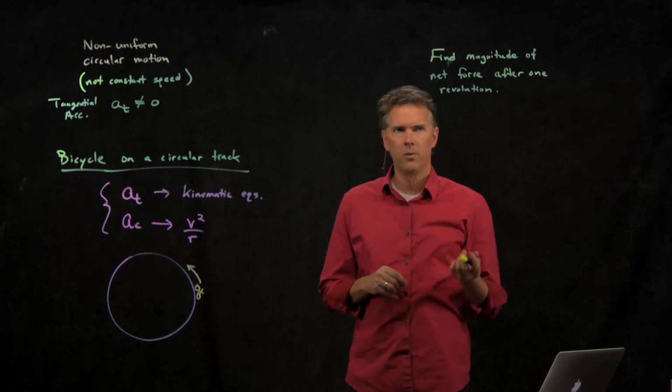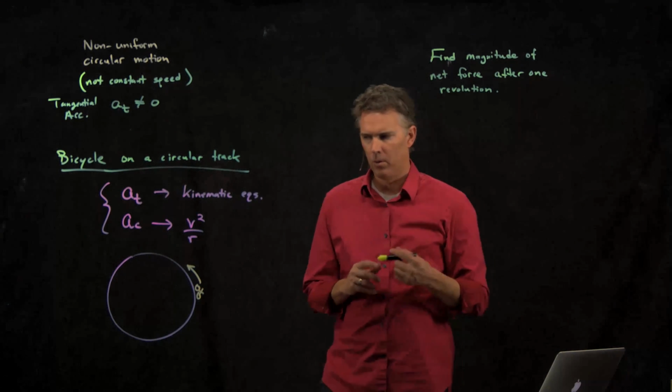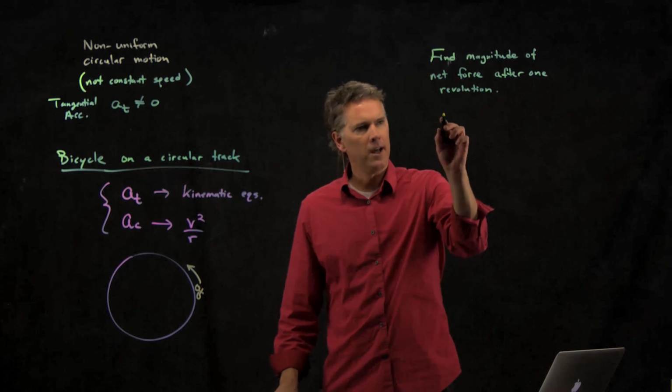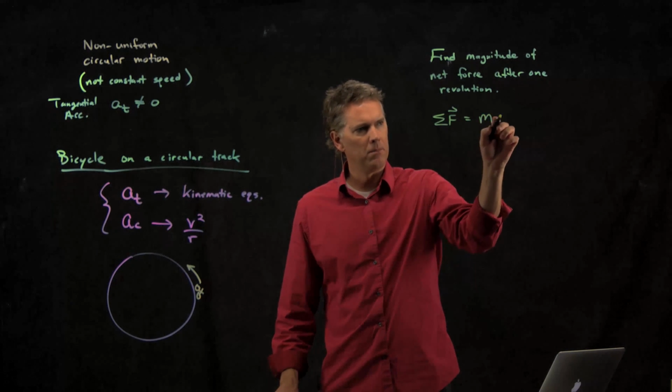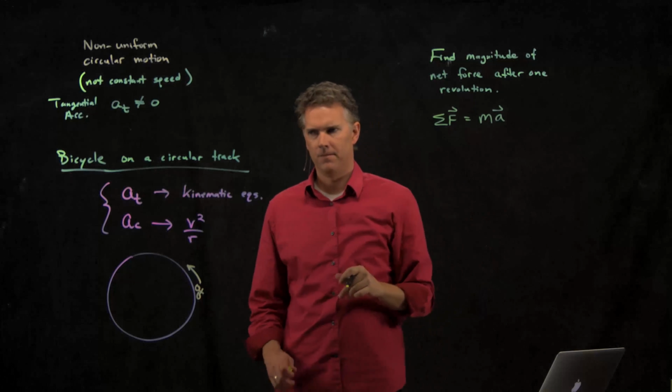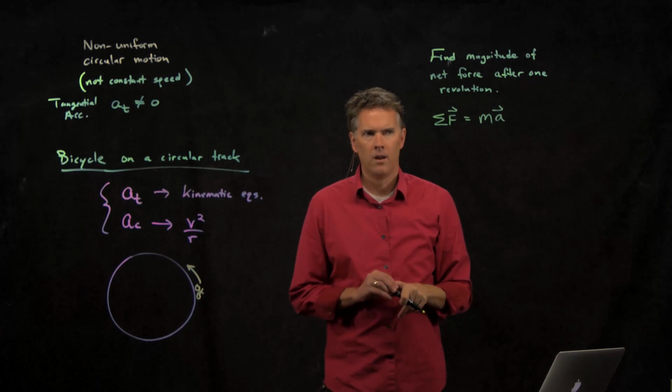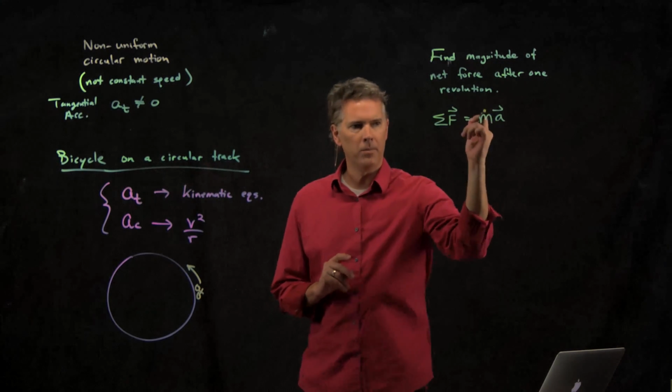All right, what do we know about net force? What we know is net force is equal to mass times acceleration. So if we knew the acceleration, we would basically have it.